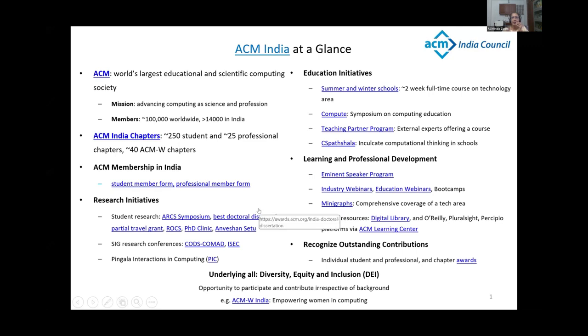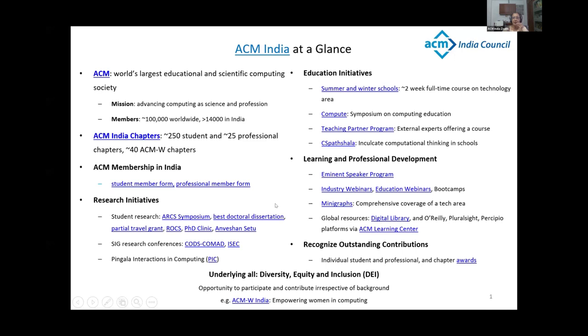There is the eminent speaker program, where eminent speakers can be invited to your conferences or workshops, and their travel will be covered by ACM India. Like this webinar, education webinars are organized every alternate month, and industry webinars are organized in the other alternate months. Then boot camps, which will be very helpful for industry professionals, are also organized.